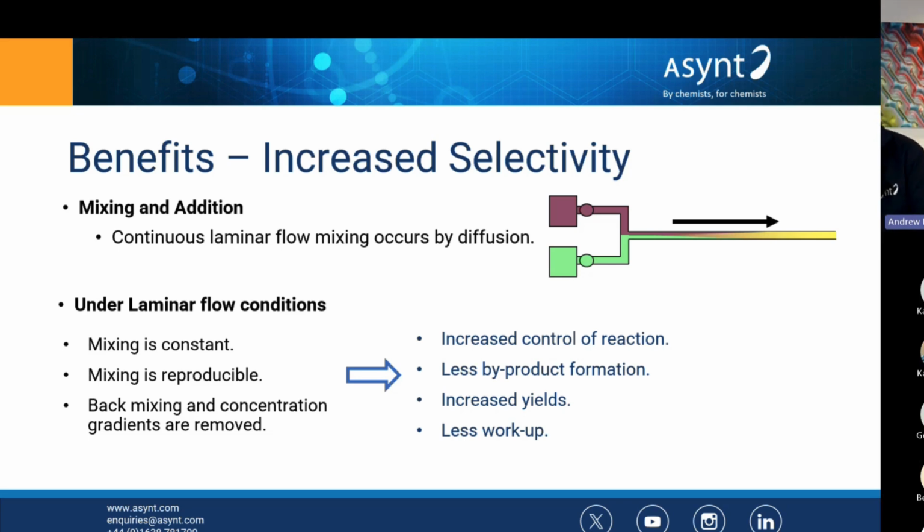So that eliminates back mixing as well, and eliminates those concentration gradients. So you can see that's given us a little bit more control. So we have increased control of our reactions, and we can control the reaction pathway. So, as we've said before, less byproducts, less workup, increased yields.